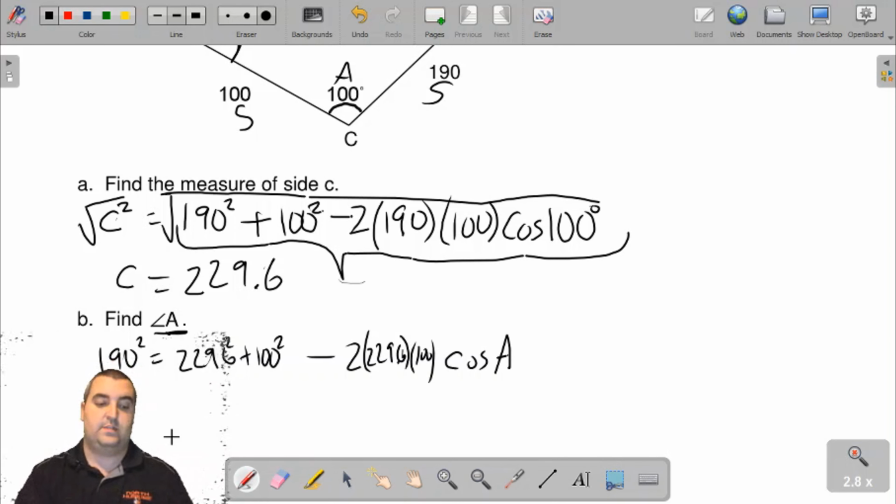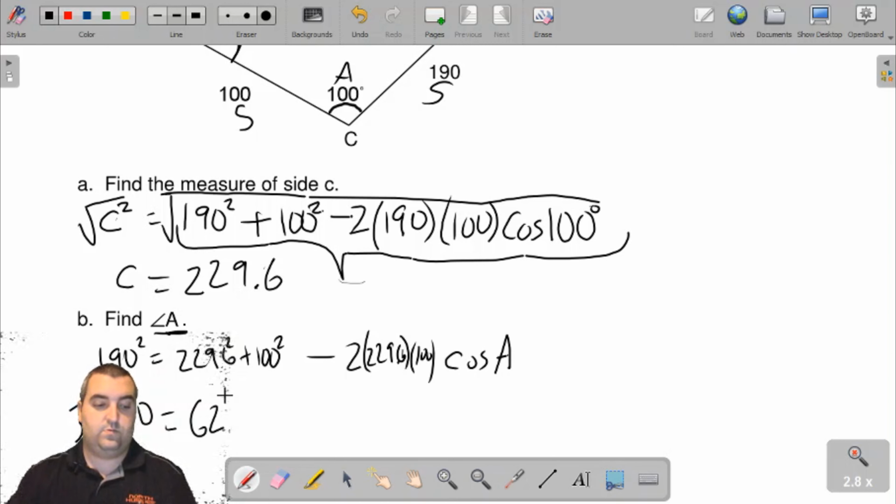Once again, going right to the calculator, 190 squared is, and I guess I could have done that without it, but we're going to do it because I've got it. 36,100. Then we're going to do the 229.6 squared, and while I do that, I can also add the 100 squared to it, because there's no variable involved there.